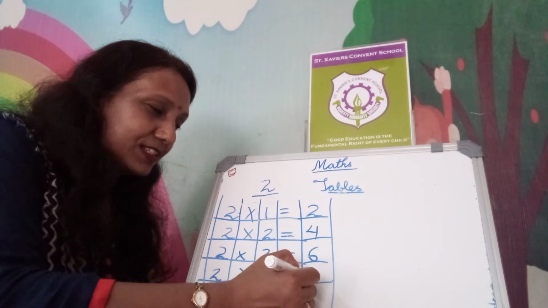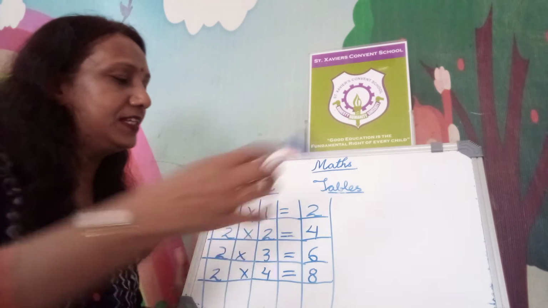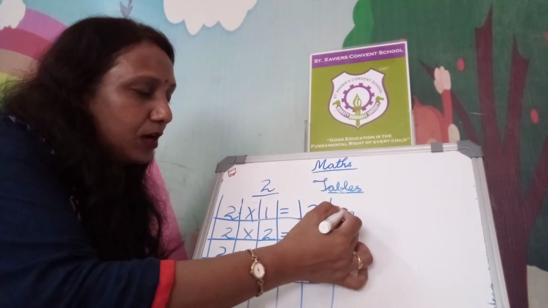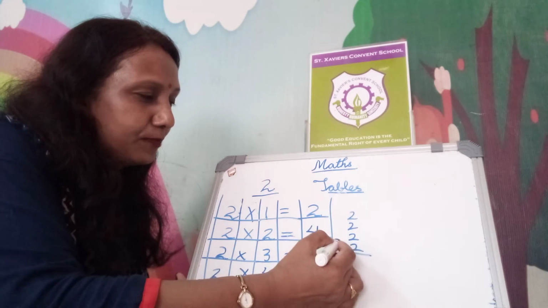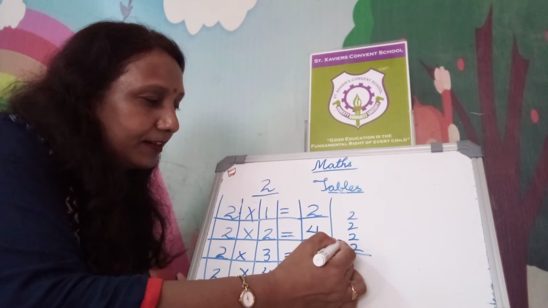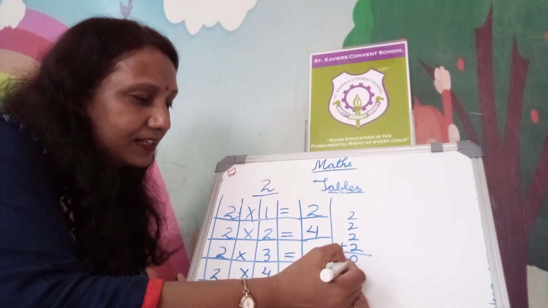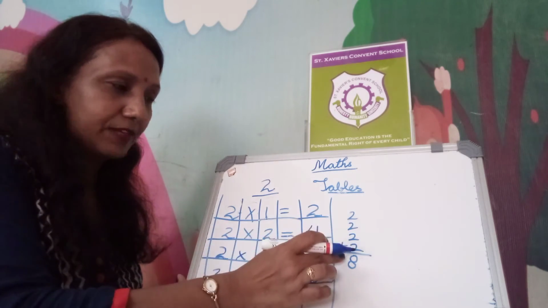2 fours are 8. When we have taken 2 four times, it means 2, 2, 2, 2, four times. How many times have we taken? 4 times: 1, 2, 3, 4. When we add 2 four times, the answer will be 8. When you multiply 2 four times, the answer will also be 8.